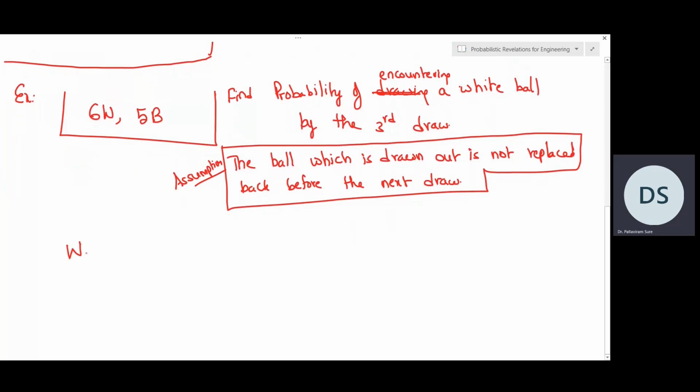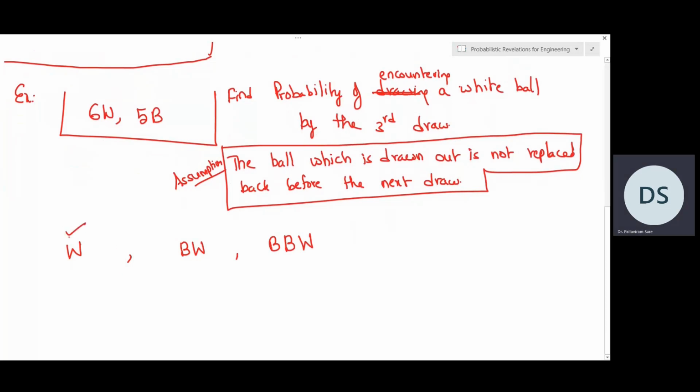Otherwise, first draw we would have got a black and second draw we could have got a white. So this scenario also satisfies encountering a white ball by the third draw. So then one more case is, first we draw a black, second also we draw a black, and finally the third draw we will encounter a white.